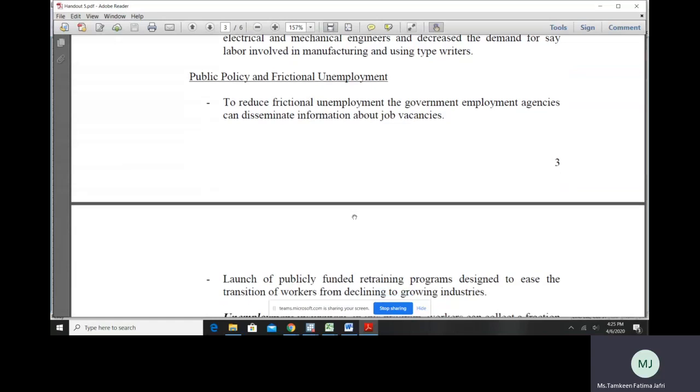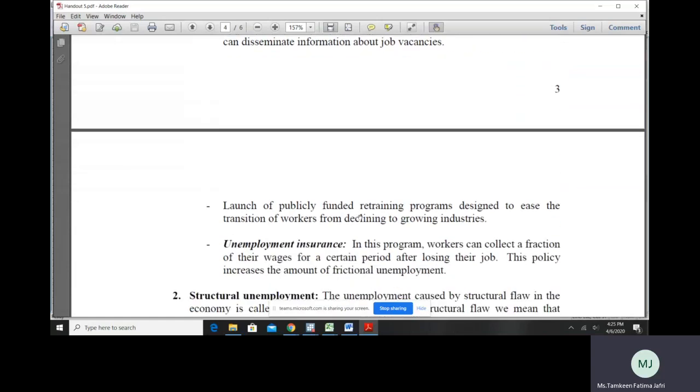Another thing which the government can do is that it can launch publicly funded retraining programs designed to ease transition of workers from declining to growing sectors. So हमने अभी sectoral shifts की बात की थी कि हर ज़माने में कुछ sectors boom करते हैं, कुछ sectors they tend to face decline.